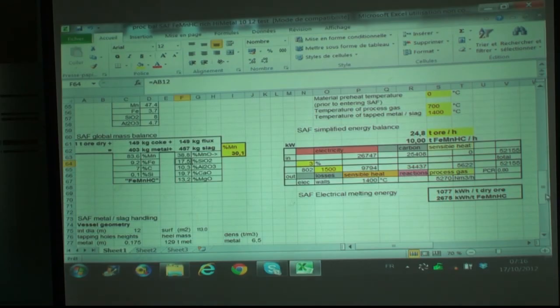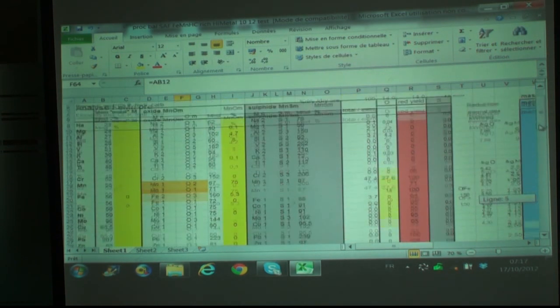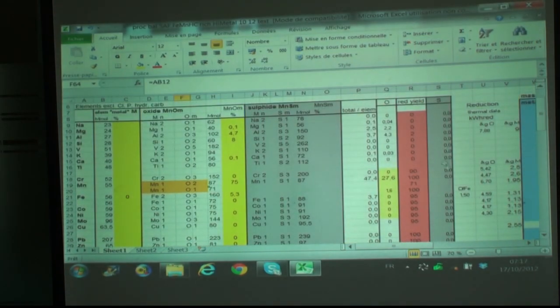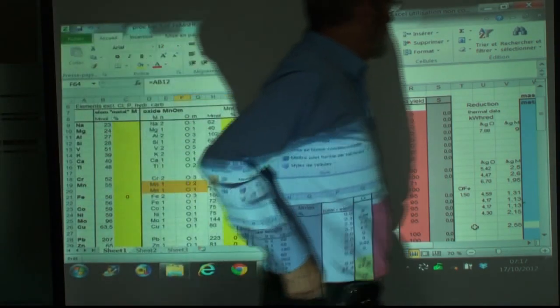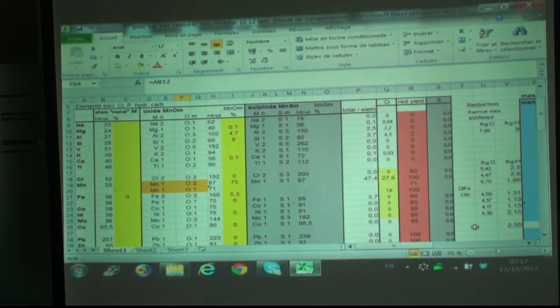So, how is the energy balance done? To do the energy balance, first requires a lot of input data. And the first input data we need are these reduction heats. And the reduction heats you don't find like this in the handbooks or in the metallurgical books.